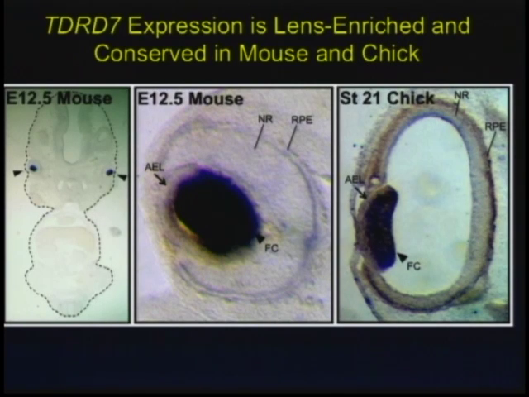This is the lens. And more importantly, this expression was conserved in chicks as well as in mice, as can be seen here. So the chick opened up a new door for us while we were generating our mouse mutants. What we could do was assess rapidly whether Tdrd7 was indeed the right gene to go after.